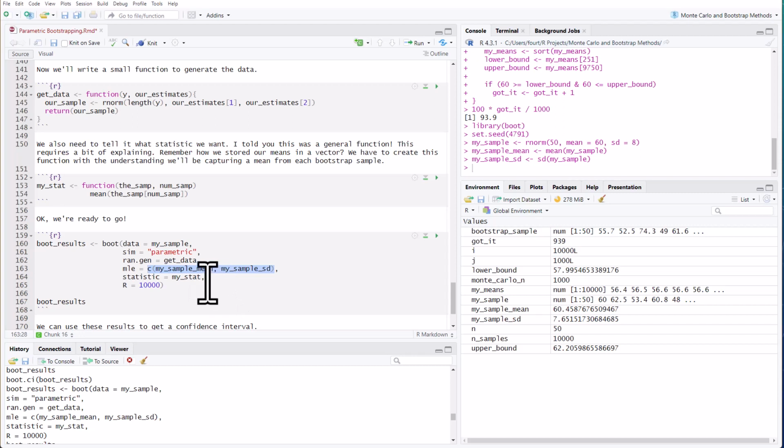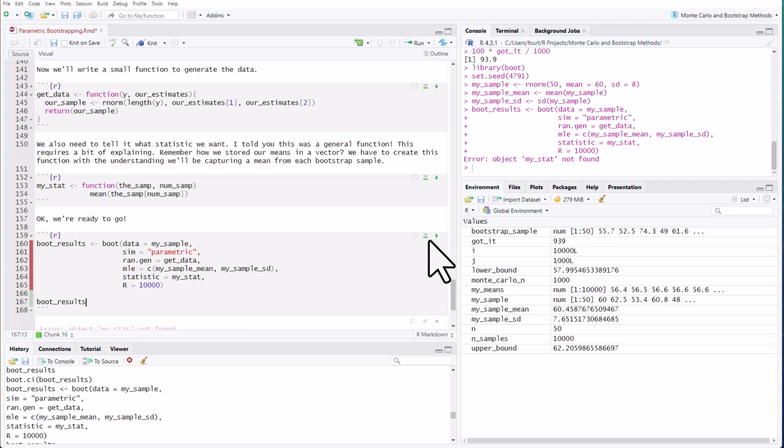And then I'm going to tell it what function is going to calculate my statistic. I called that one my stat. So I'm not only passing a function for the normal distribution generation, I'm also passing a function that will calculate the mean. And then I finally get to the point where I tell it how many times I want to do a bootstrap, and I've told it 10,000.